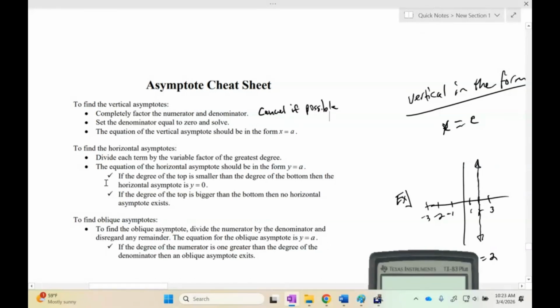But for the next 2, you have to figure out if they exist first, and then if they exist, you would apply the steps. So for the horizontal asymptote, the first thing I'm going to do is look at this checkpoint. It says if the degree of the top is smaller than the degree of the bottom, then the horizontal asymptote is y equal to 0.